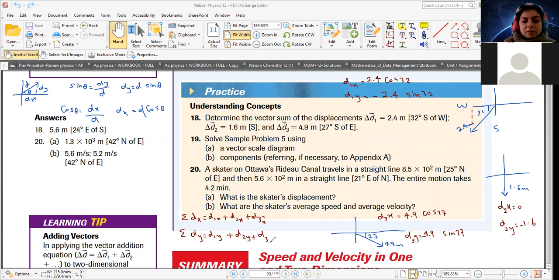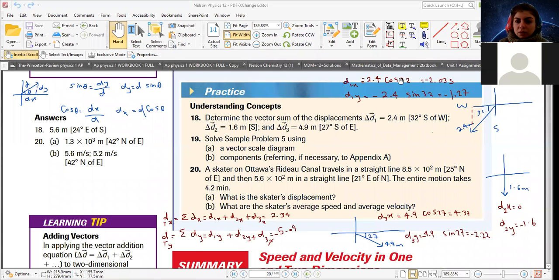This gives me the total displacement in the x direction, and this gives me the total displacement in the y direction. And then I have to put these components together. But first I need to use a calculator to find those numbers. Just a second.